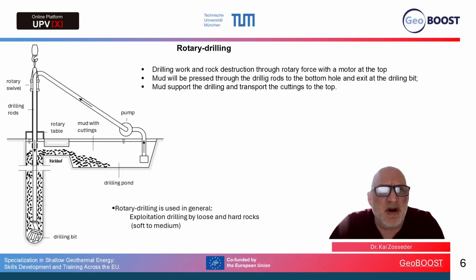There is mud going through this pipe, pressed through the drilling rods to the bottom of the hole, and it exits at the drilling bit. The mud supports the drilling process and transports the cuttings to the top. Rotary drilling is used in general for loose and hard rock, also soft to medium.